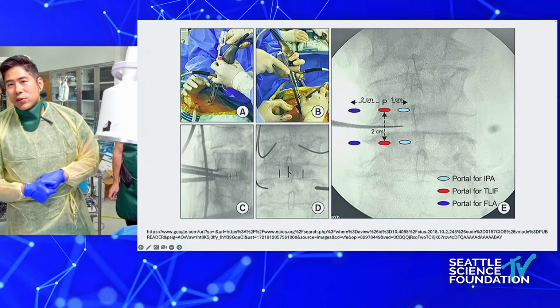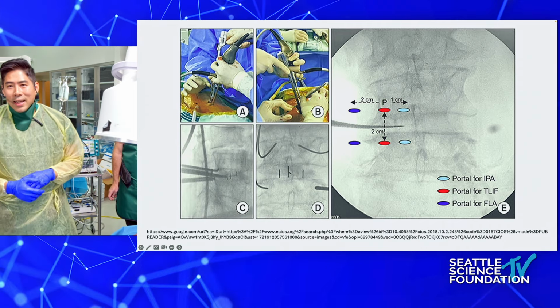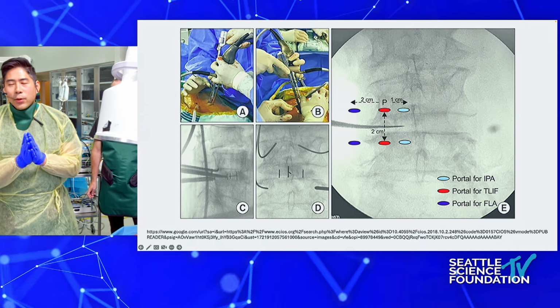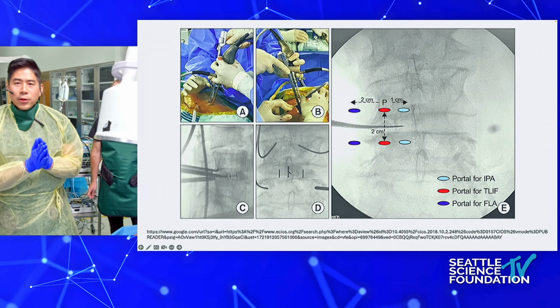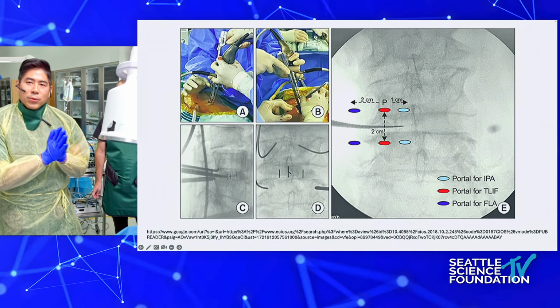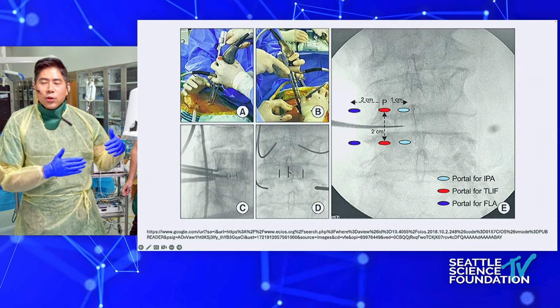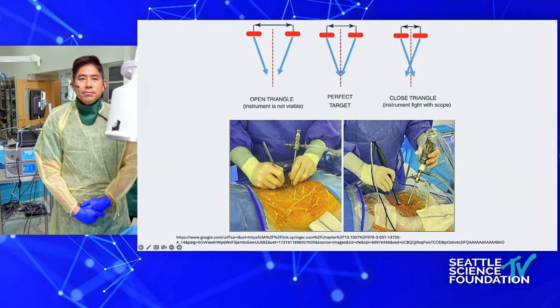Yeah, so this is what I was talking about. For decompressions, I typically like the medial border of the pedicle. For fusion, mid-pedicle to the lateral border. And if I'm doing an extraforaminal approach, outside the pedicle, and then you want the needles to be converging.